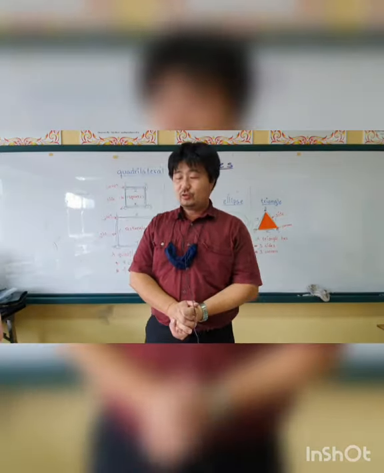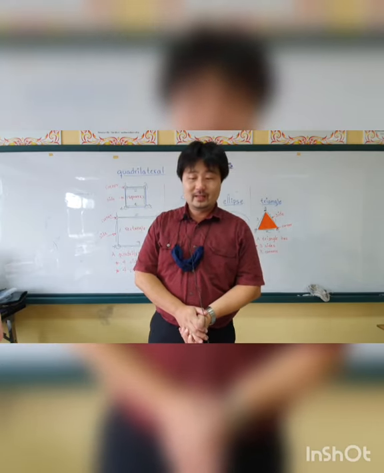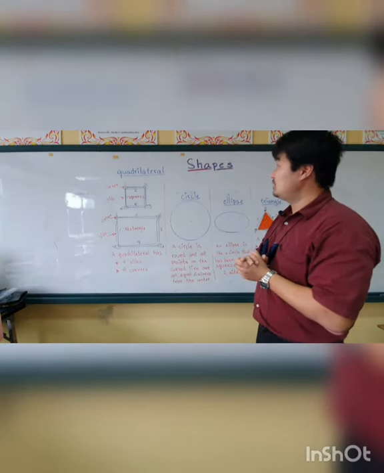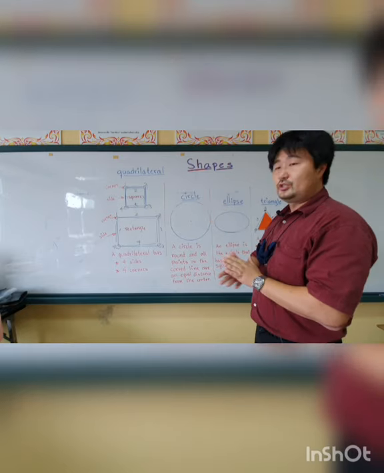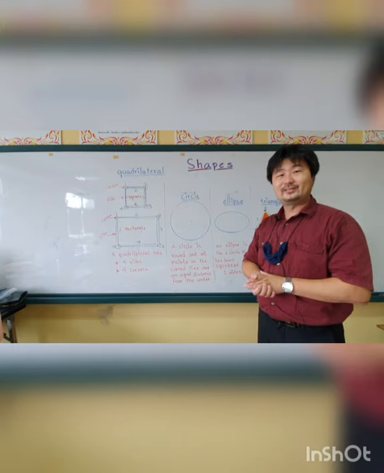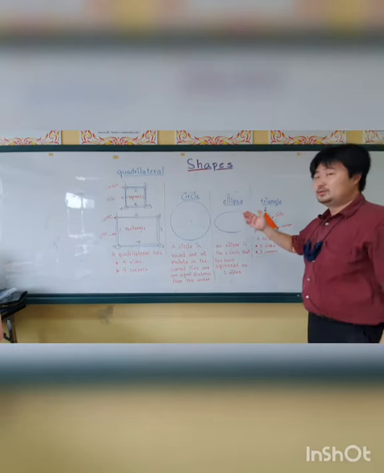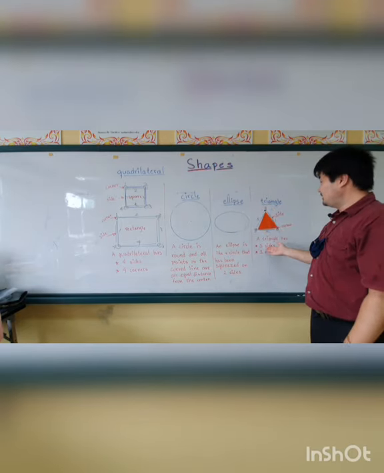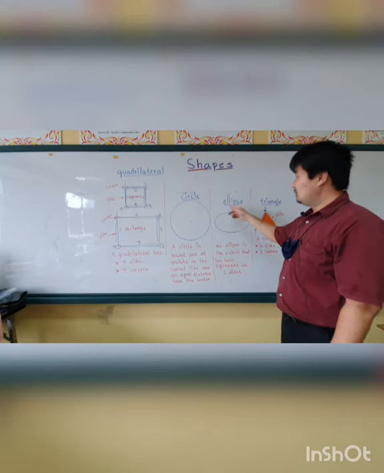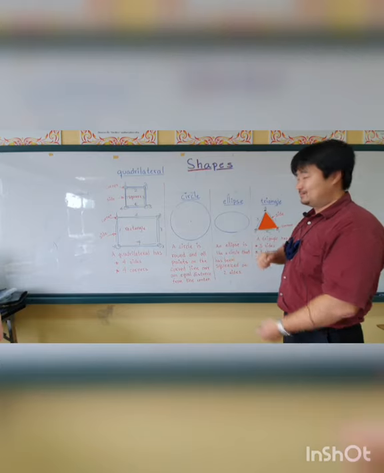So now we're going to go to the book. We're going to do some exercises in the book. Any questions about the definition of these 4 shapes? No? All right, good. So just remember the triangle: 3 sides and 3 corners. An ellipse is like a circle that has been squeezed on 2 sides.